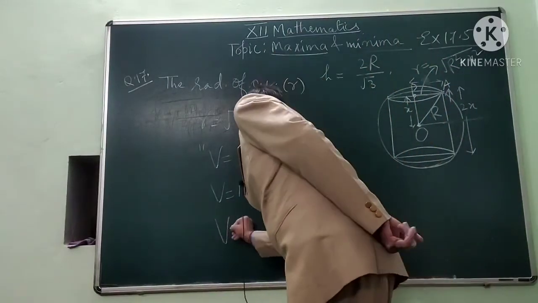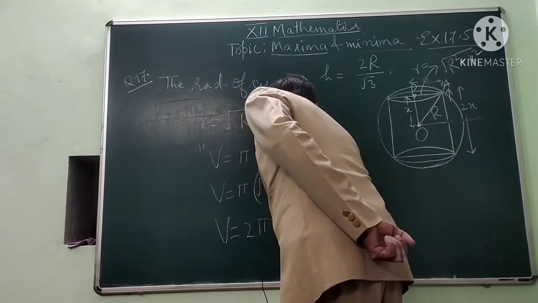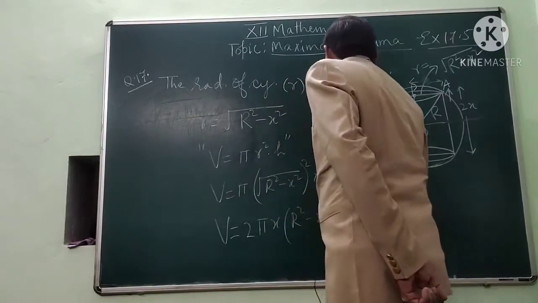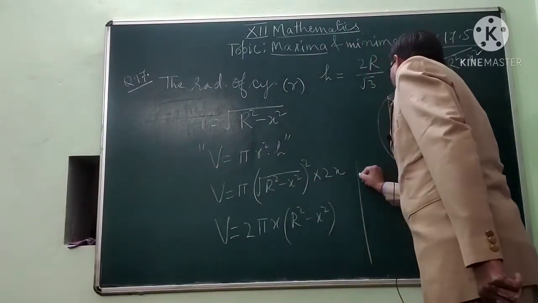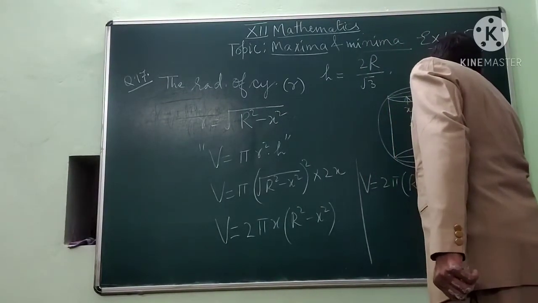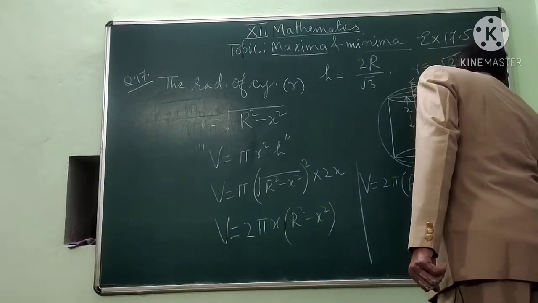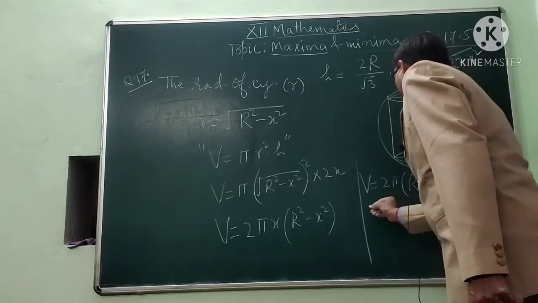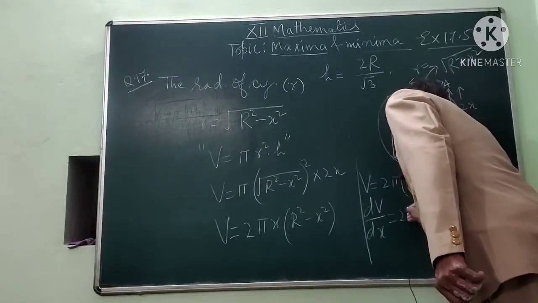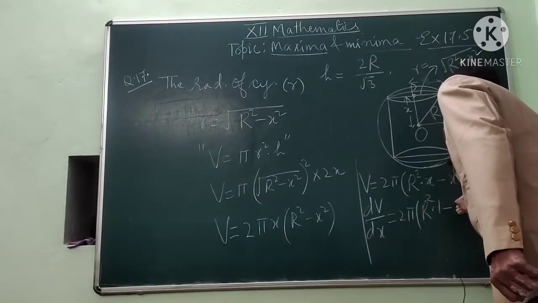Then V equals 2 pi x into capital R square minus x square. Then V becomes 2 pi capital R square into x minus x cube, which is a function of x. Now we will find dV over dx. It is 2 pi constant. R square is also constant. Derivative of x is 1 minus 3x square.